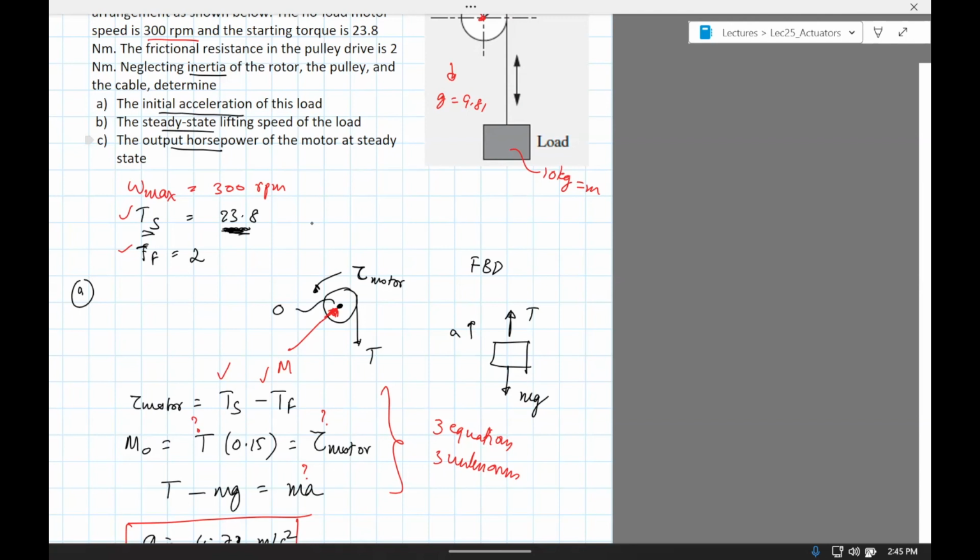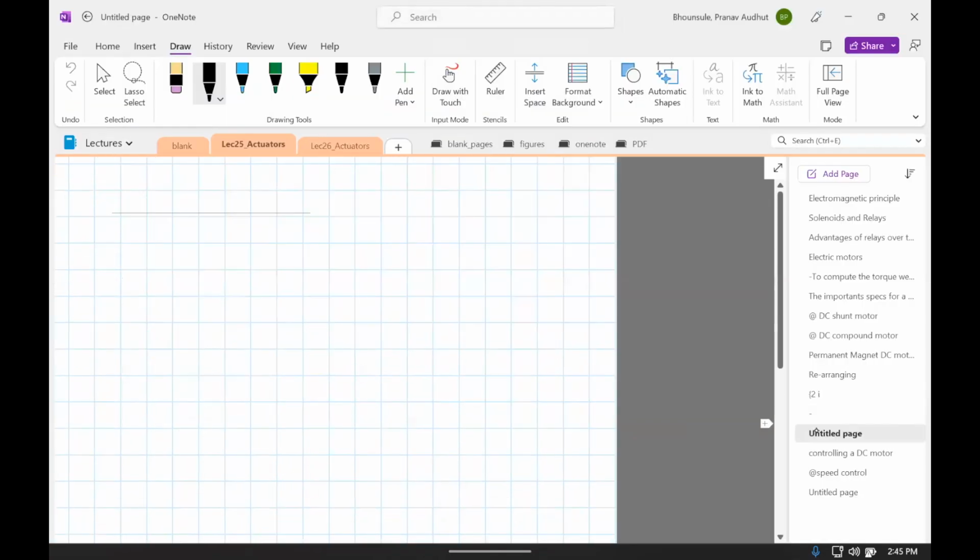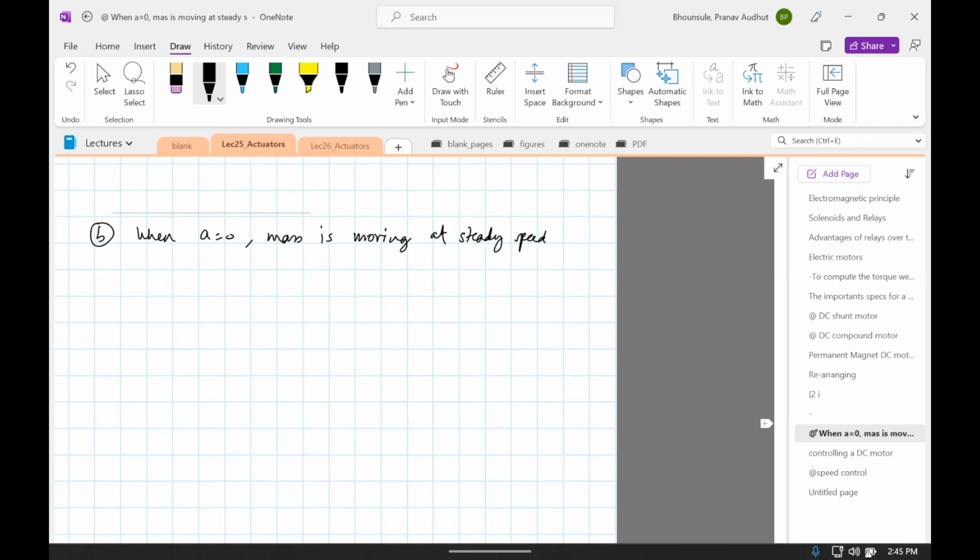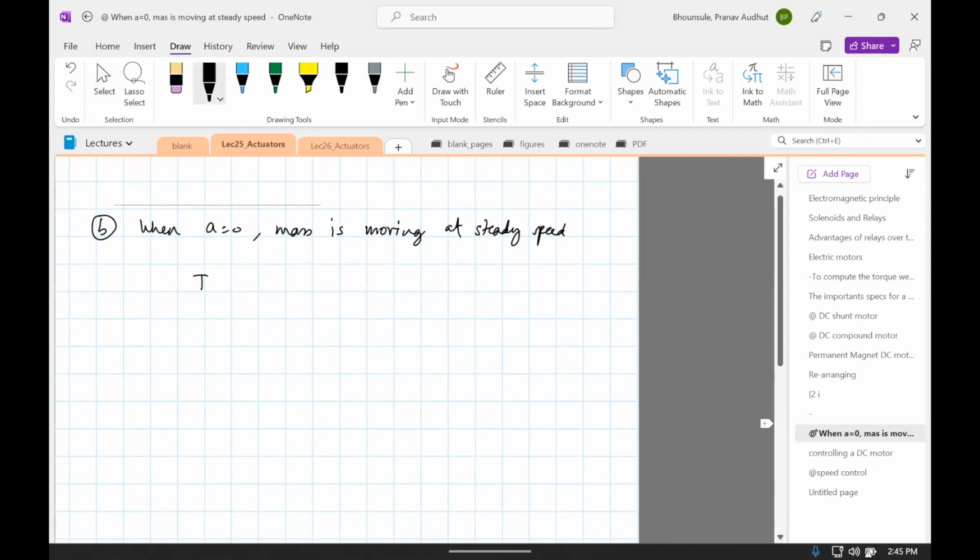That happens when a is 0, the mass is moving at steady speed. So in this case, remember we wrote T minus mg equals ma. Here acceleration is going to be 0 because it's moving at uniform speed.